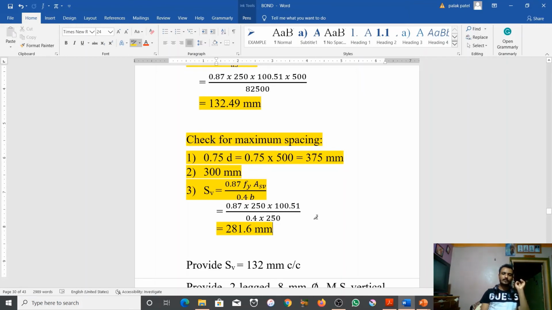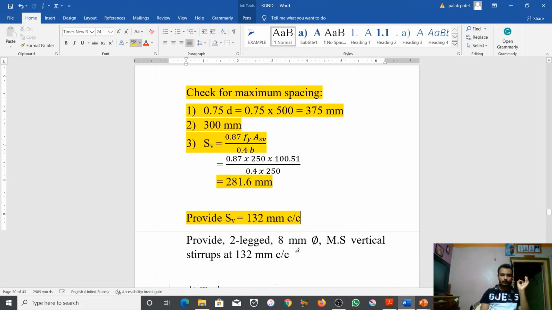Whichever of these values is smaller is provided as the spacing. So we provide Sv equal to 132 mm center to center spacing for the two-legged 8 mm diameter bars.